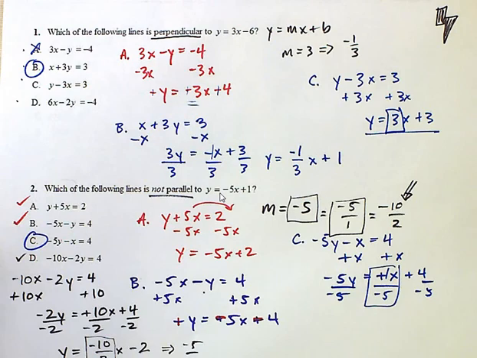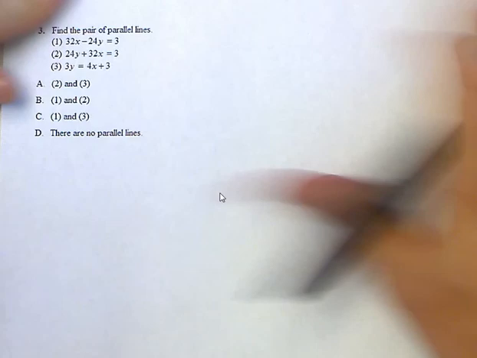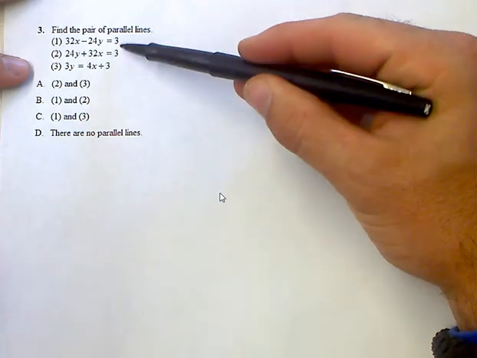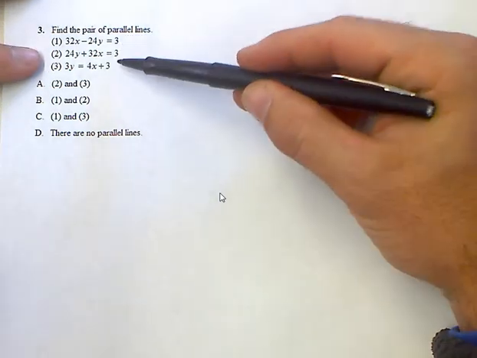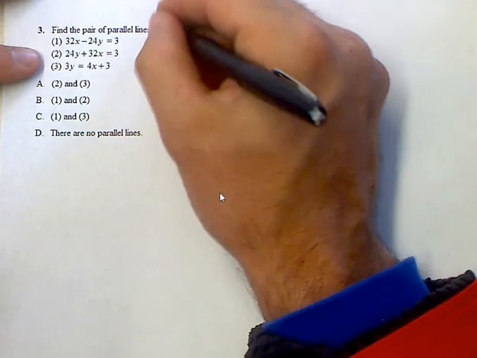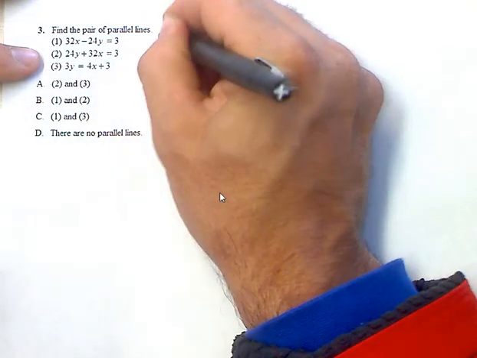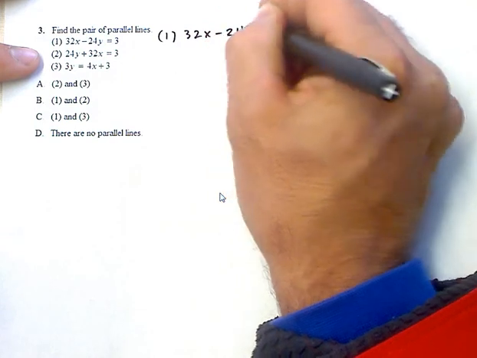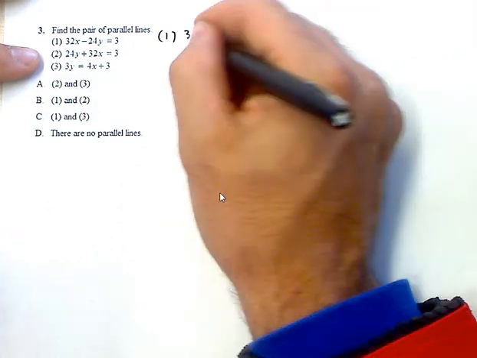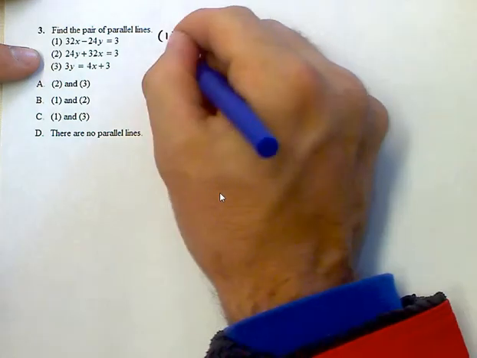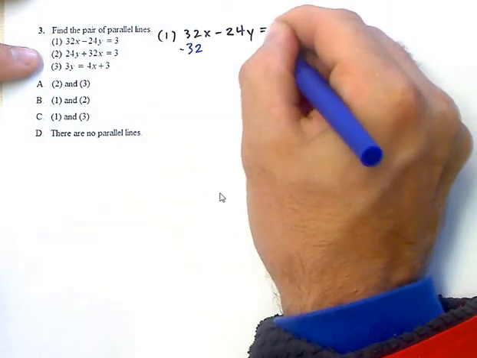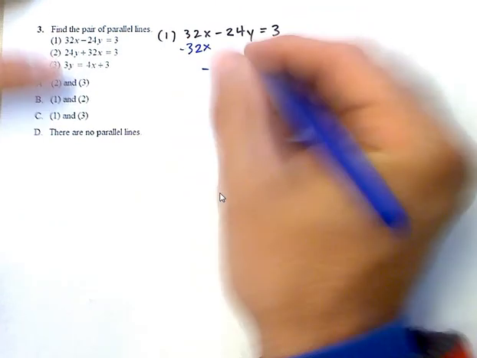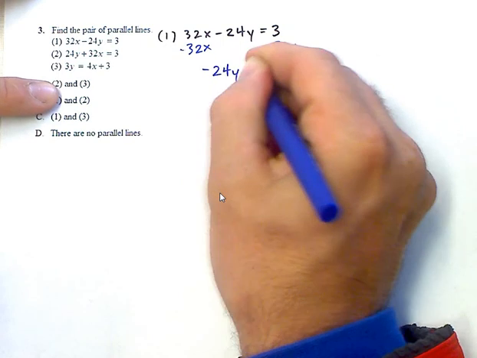Now you could get a question where they give you a set of 3 different lines, and basically you're looking for a match of slope. So again, a lot of this is just looking at line 1 and getting that y by itself. So what do I need to do in order to do that? Well, I just need to subtract the 32x from both sides and get negative 24y is equal to negative 32x plus 3.